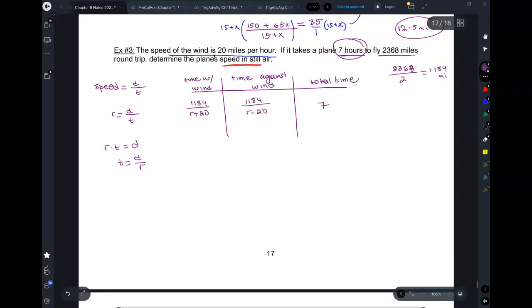Well, if we're finding the still air, right, but it was never in still air, right? Because what we have, the 7 hours, it was in the wind. So, you know, we went a little faster because of the wind, we went a little slower because of the wind. But R, once we solve for R, that'll be the speed without the wind. Julian, you with us?